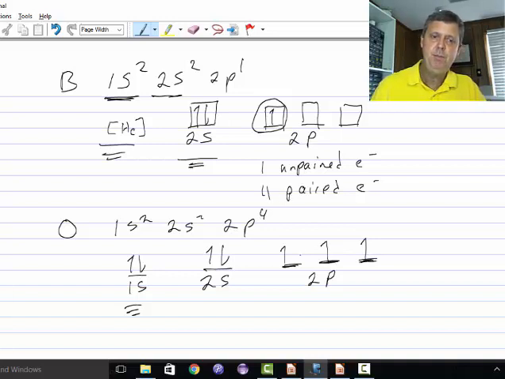Now we have to pair up electrons, so I'll put it with one of these, doesn't matter which one. So I have now 2 unpaired electrons, and I've got 6 paired electrons.